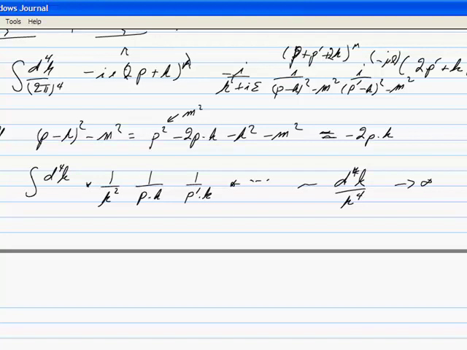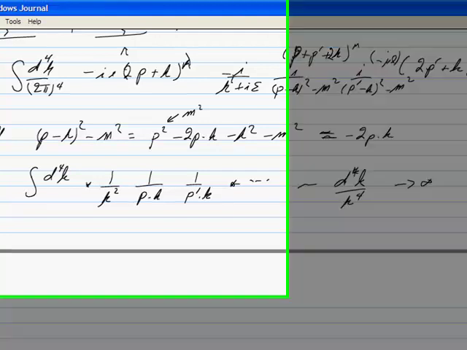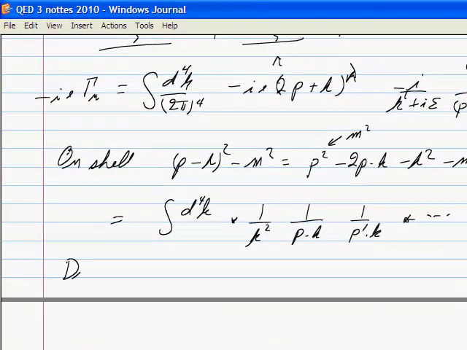Okay. Now, if you recall our philosophy on renormalization and divergences, this is very different from the renormalization divergences. Okay?